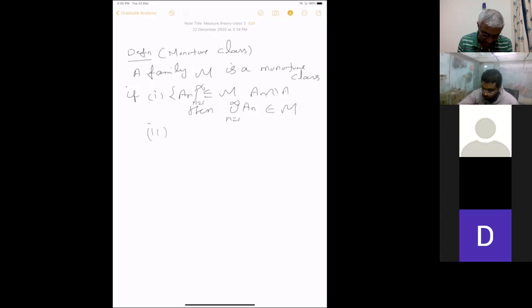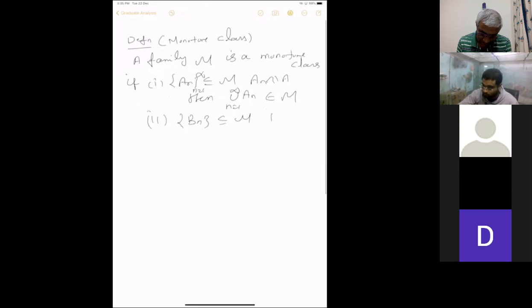Similarly, if we have B_n, a collection contained in M, and B_n decreasing to B. So we know what is increasing and what is decreasing: one is contained in the other. It's an increasing union, and this is a decreasing intersection.